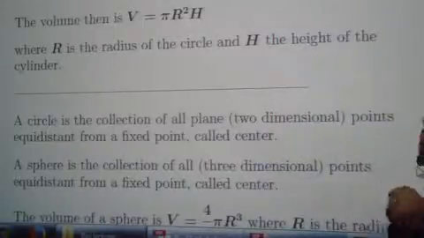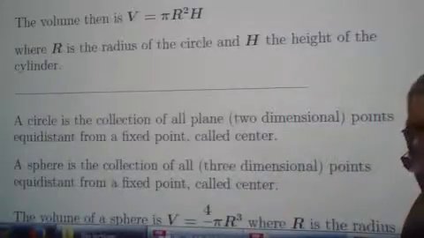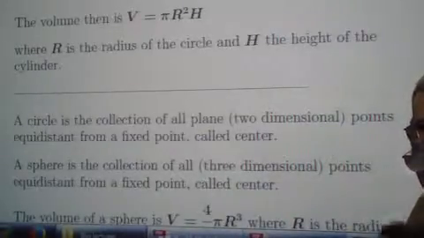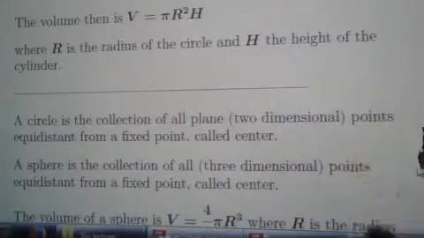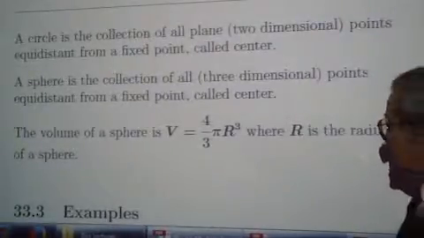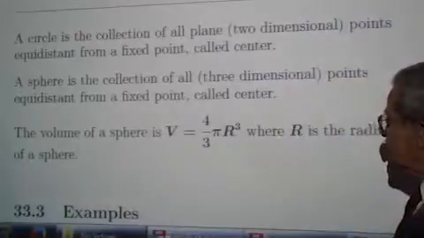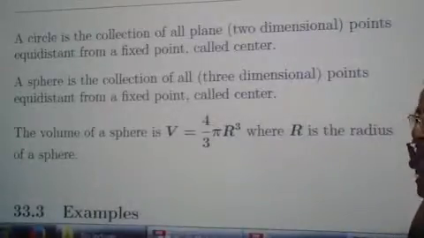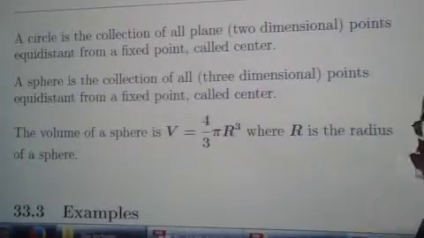The points on the surface of a sphere are the same distance from the center, all the points, just like we did for a circle. The volume of a sphere is 4/3 pi r cubed. Now that's nice for you to know. You don't have to memorize it. If you ever want to know the volume of a sphere, there is the formula.